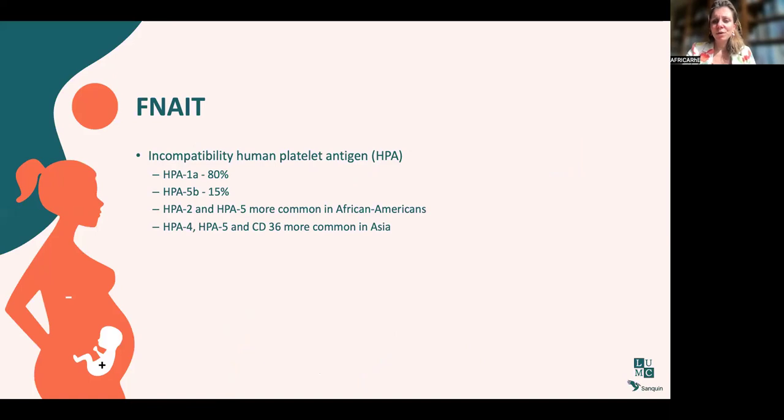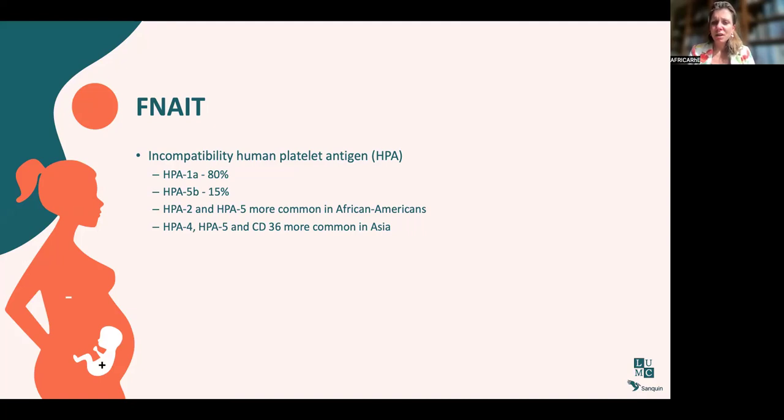As far as we know now, there are currently 41 different HPAs, human platelet antigens. Approximately 80% of the FNAIT cases in the Caucasian population are caused by alloantibodies directed to the HPA-1a epitope.